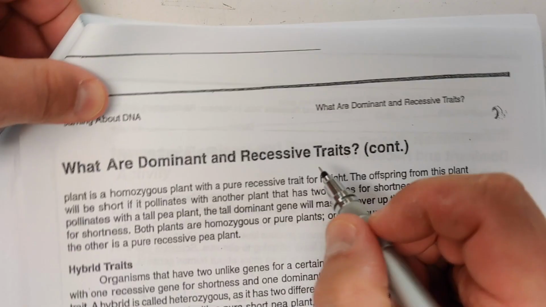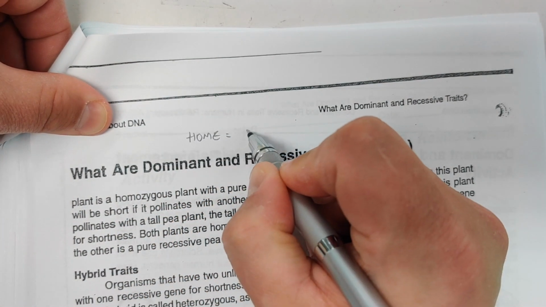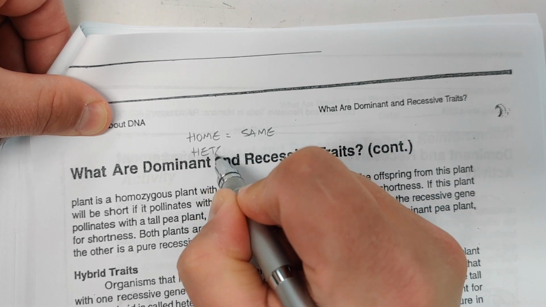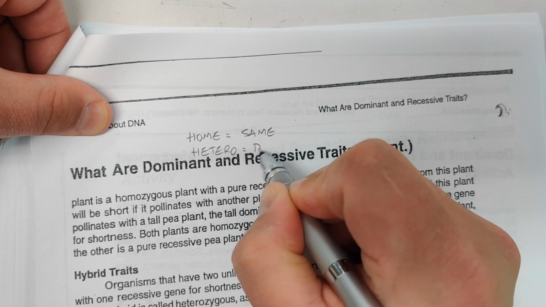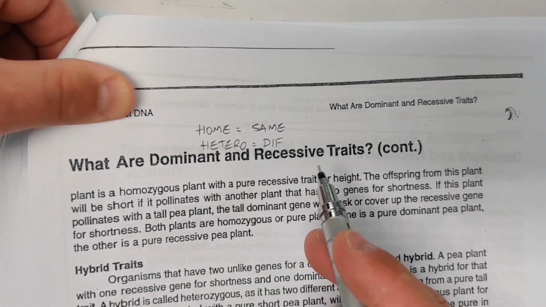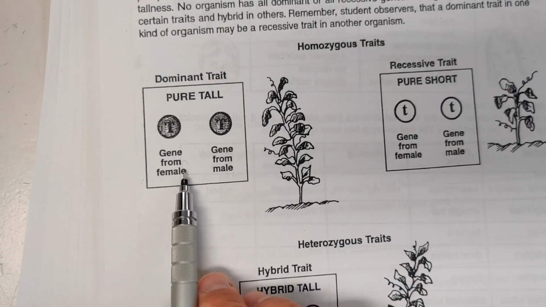So now what you've got to know is homo equals the same. Hetero equals different. Homo means the same, hetero means different. So if I had, say, tall was dominant in a pea plant, as we're going to look at down here later.